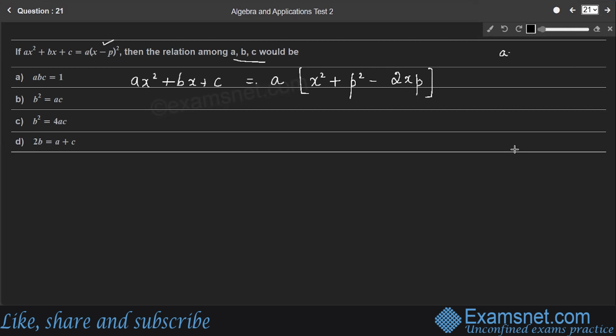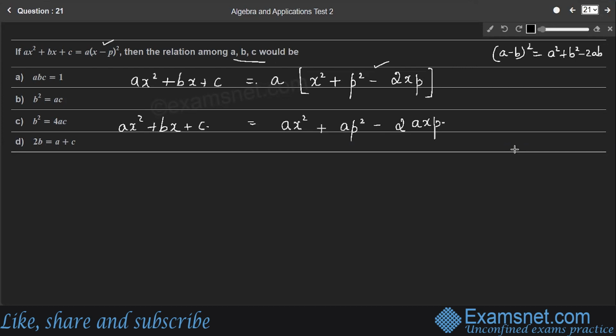Here we are using the formula of (a minus b) the whole square, a square plus b square minus 2ab. Let us consider a into the next term. It becomes ax square plus ap square minus 2 times axp, which is equal to ax square plus bx plus c.